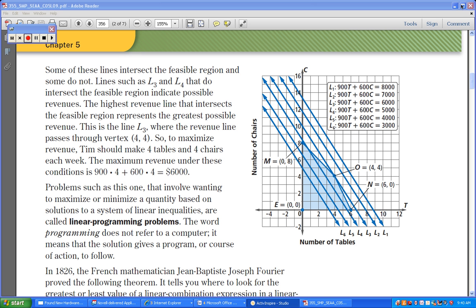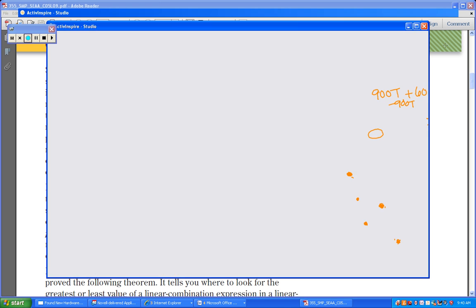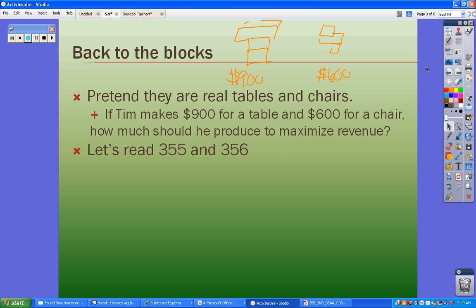So that's how you solve a linear programming problem, and I think it'll make more sense as we do an example. It's all about these parallel lines, and you will never have to graph those parallel lines again for this, but that's how it's going to work.